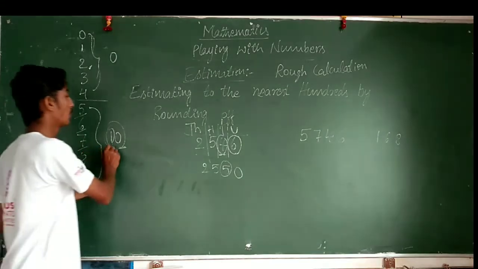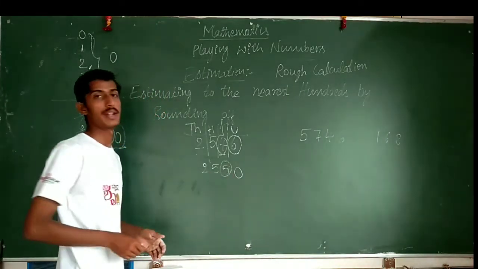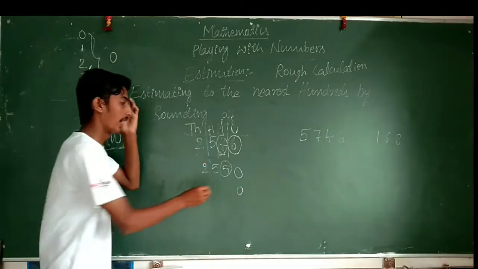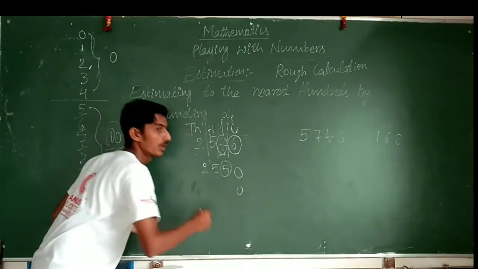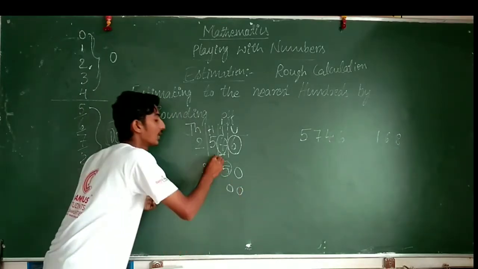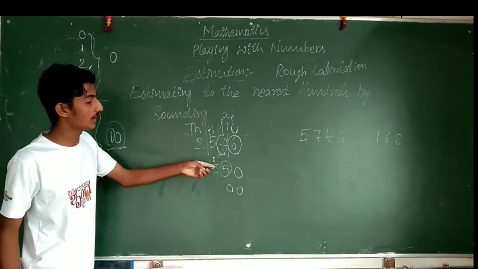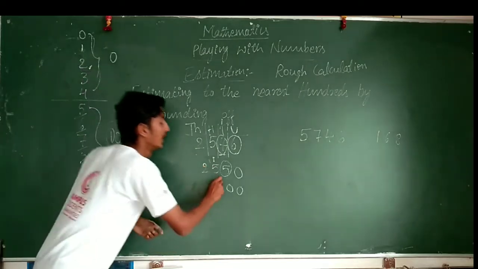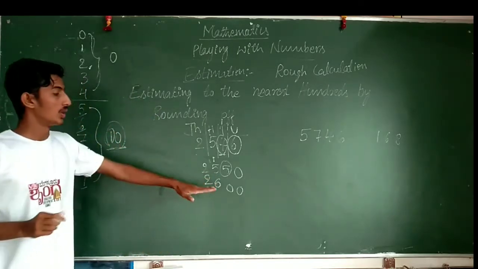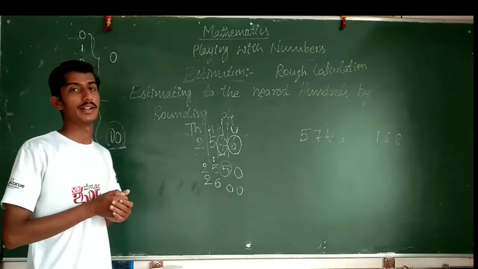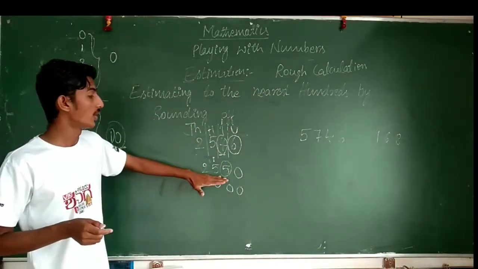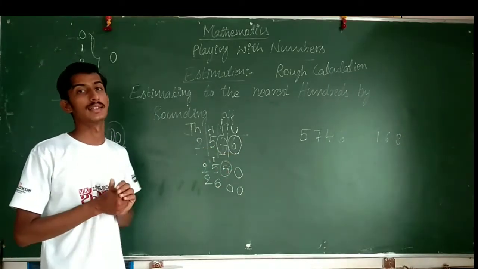That means we have to put a 10 instead of 5 in the 10th place. 0 is there and 5. 10 means 10 plus 1. 1 plus 5 is equal to 6. 2600 is the nearest hundreds value of rounding of 2546.